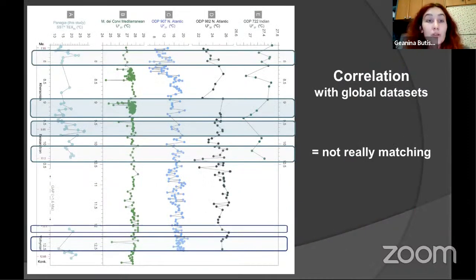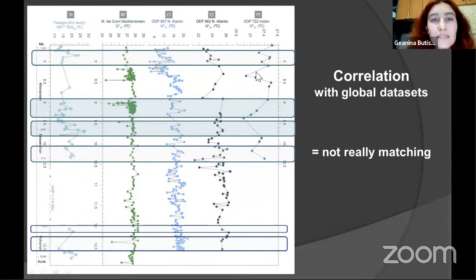We went even further and we tried to plot all the available temperature data around Eurasia, and we found that actually what is happening in the Eastern Paratethys and the Black Sea Kuban area where our section is, is quite different than what's happening in the rest.